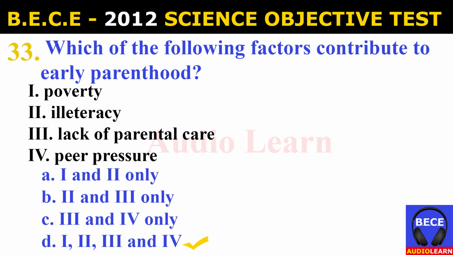C. III and IV only. D. III and IV. And the answer is D. III and IV. The question is, which of the following factors contribute to early parenthood? And it's poverty, illiteracy, lack of parental care, and peer pressure.